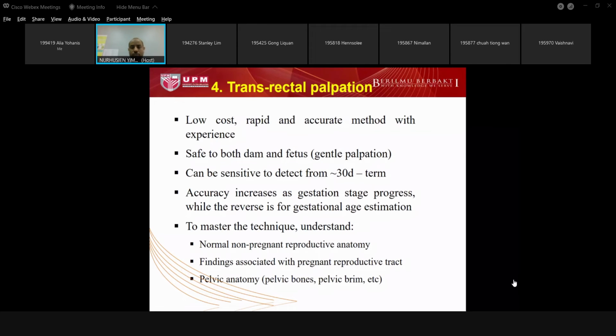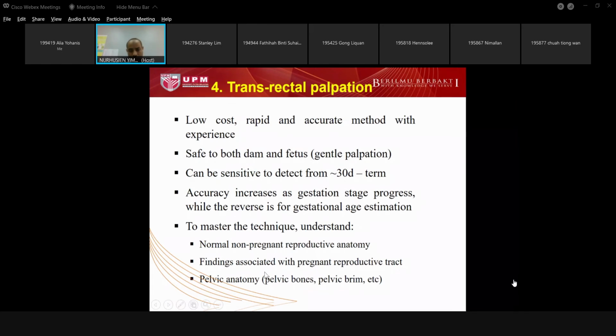During the non-pregnant situation, you need to know how the cervix feels, how the uterine body feels, and how the uterine horn and the ovary feel, all right? It's only then that you can appreciate the changes that will come with the pregnancy along the way, all right? So one of the most important things is to understand the reproductive anatomy by palpation per rectum when the cow is not pregnant.